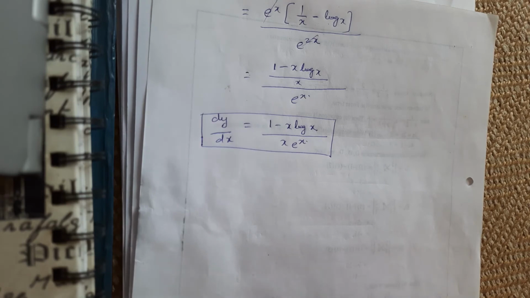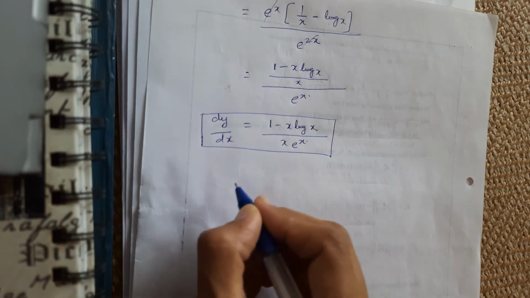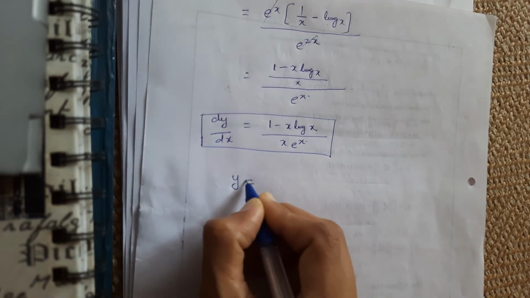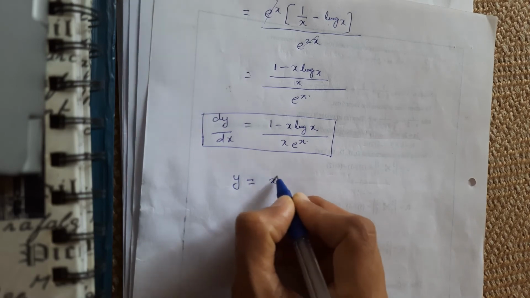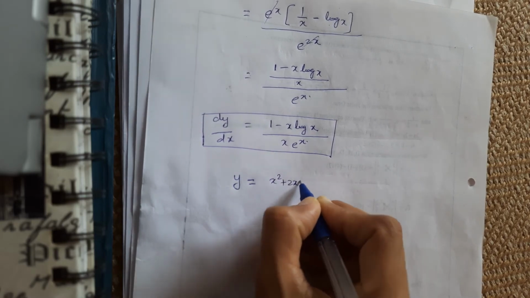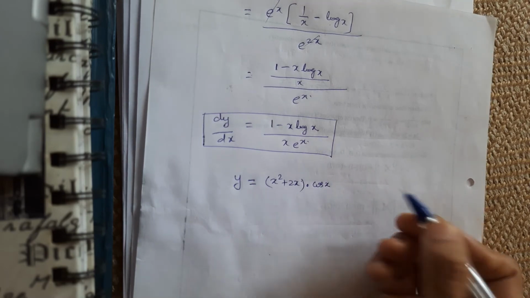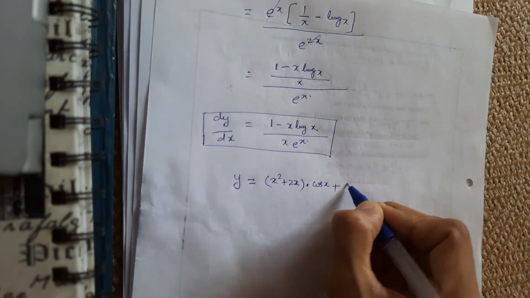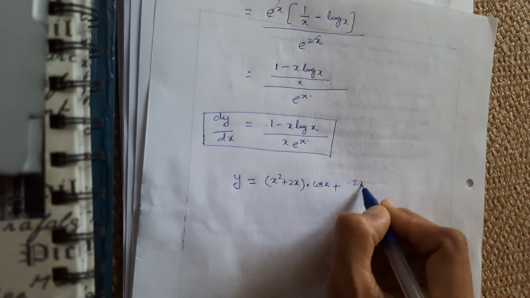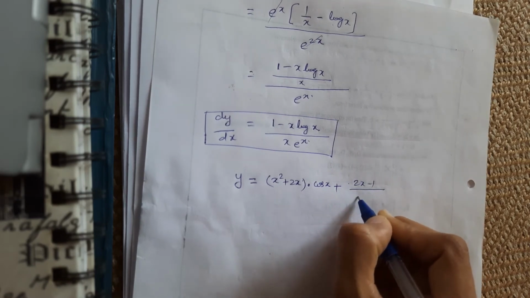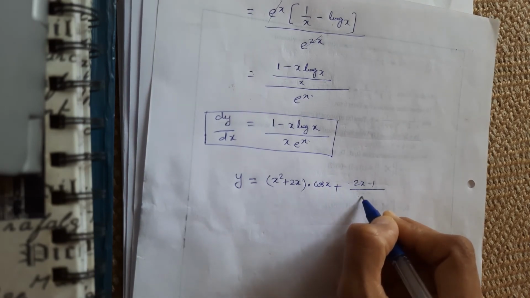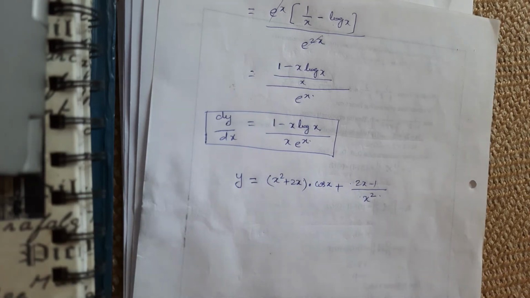Now we will solve some examples which involve quotient and product rule. Suppose I want to find the derivative of y equal to x square plus 2x into cos x, plus 2x minus 1 upon x square.